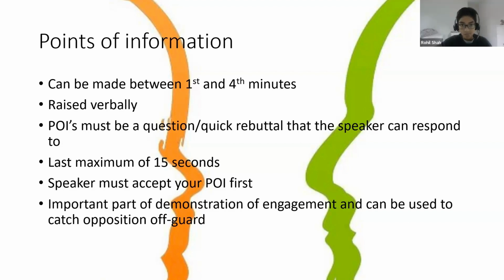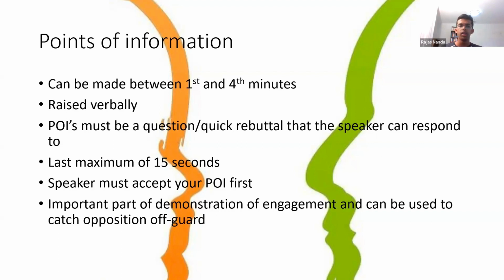So why are POIs important? If you just have 5 minute blocks of one person, then another person, and so on, then it's not very dynamic. You aren't interacting with other speakers as much as we would like. So it's quite important for a greater amount of engagement within the debate. This leads to more rebuttal.